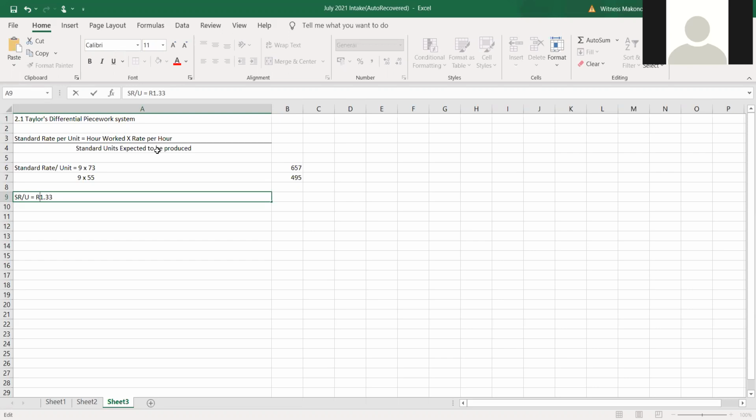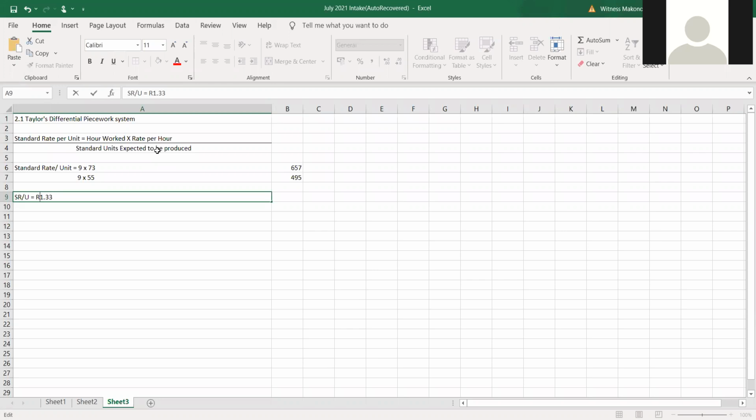So in 1 hour, from 7 p.m. to 8 p.m., Rooney is producing 55 units, and in that hour he is being paid 73 rand.